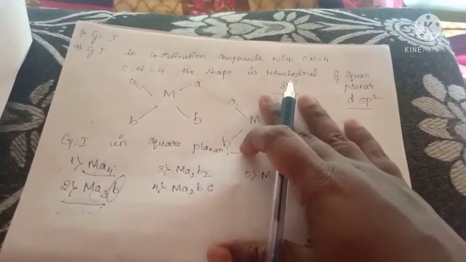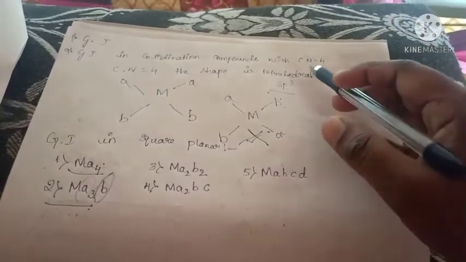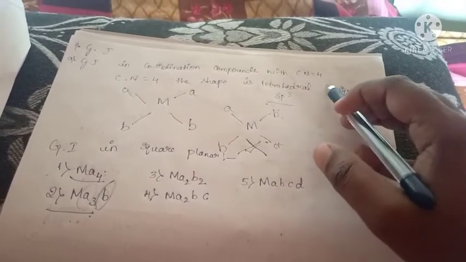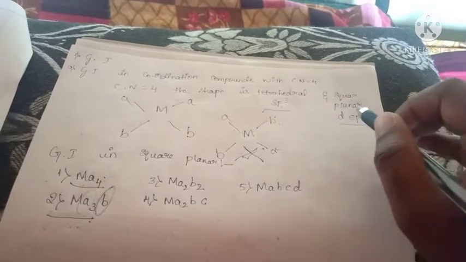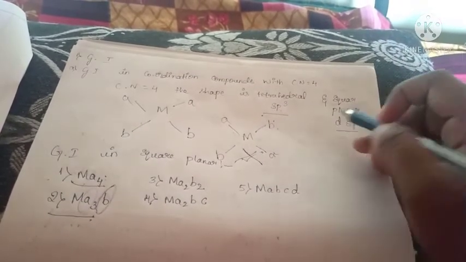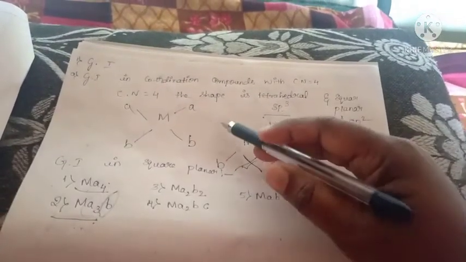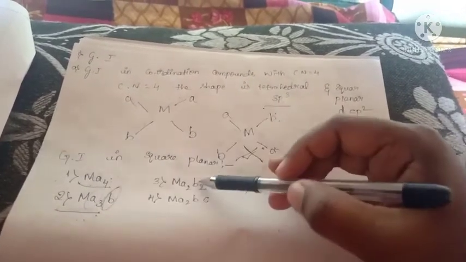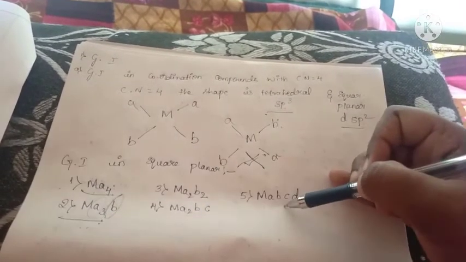Okay, next, geometrical isomerism in coordination compounds with coordination number 4. With coordination number 4, it exhibits two shapes, tetrahedral and square planar. Tetrahedral is sp3 hybridization, square planar is dsp2 hybridization. In tetrahedral shape it does not make any orientation, so that's why we consider only square planar. In square planar there are 5 different types.